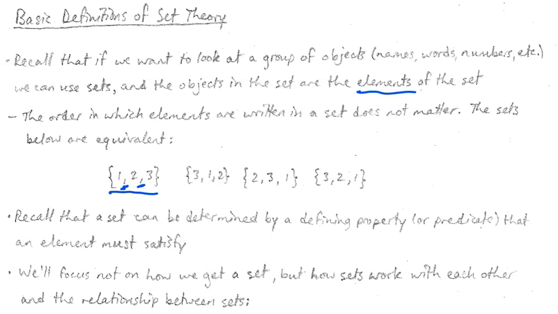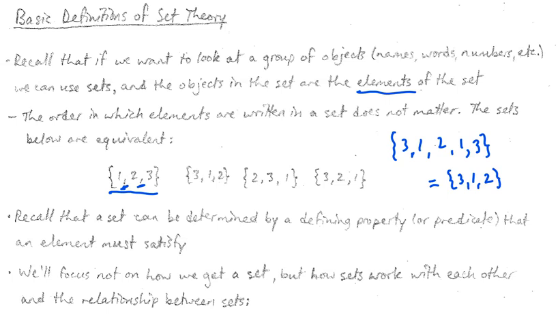So if I said 3, 1, 2, 1, 3, well, we see that we have the 1 showing up twice, and we have the 3 showing up twice. We wouldn't write it like that. We would just write it as 3, 1, 2. We only write each distinct element of that set only once.